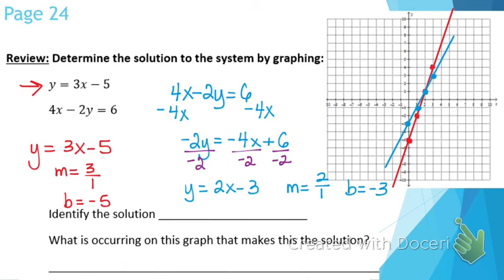Okay. And the solution is where they cross. And it looks to me like they cross right here. I'm going to put a purple dot. So the solution is (2, 1).